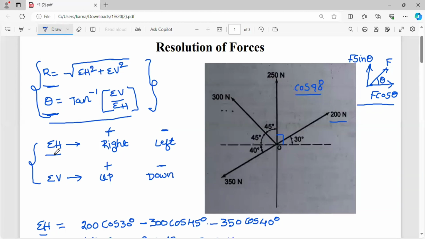While calculating sigma h, you can decide whether the force is to the right or left. If it is on the right side, take it as positive; if it is on the left side, take it as negative. While calculating sigma v, for the upward direction take it as positive, and for the downward direction take it as negative. This is about the resolution of forces.